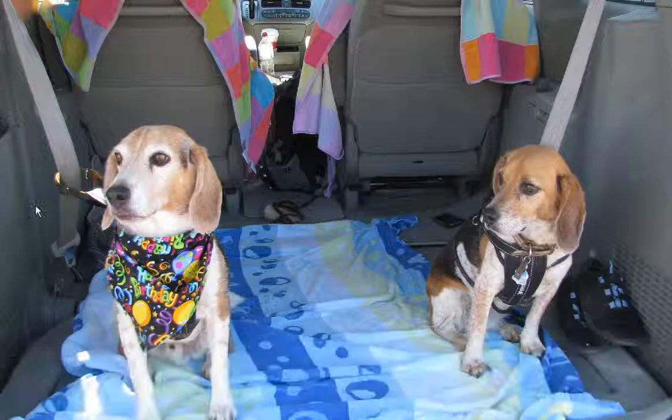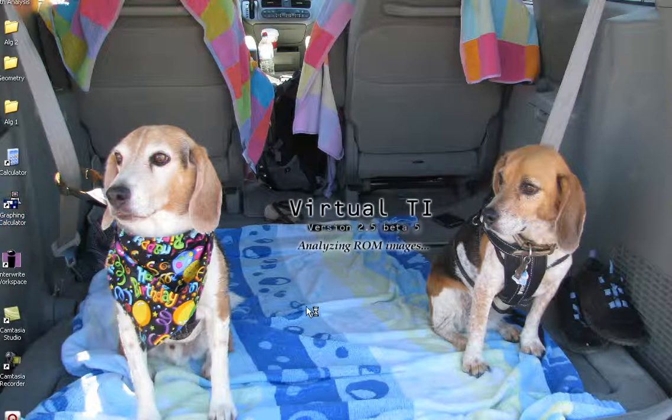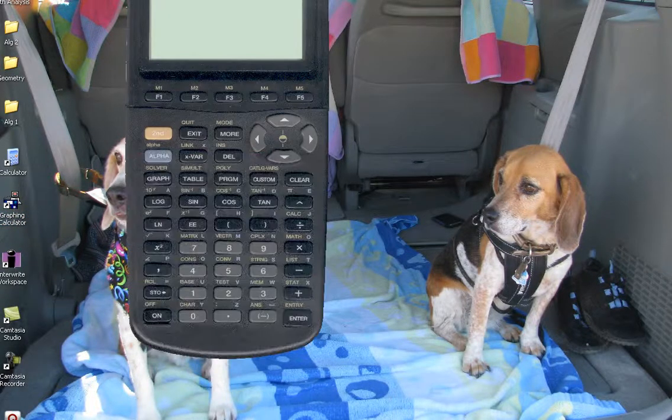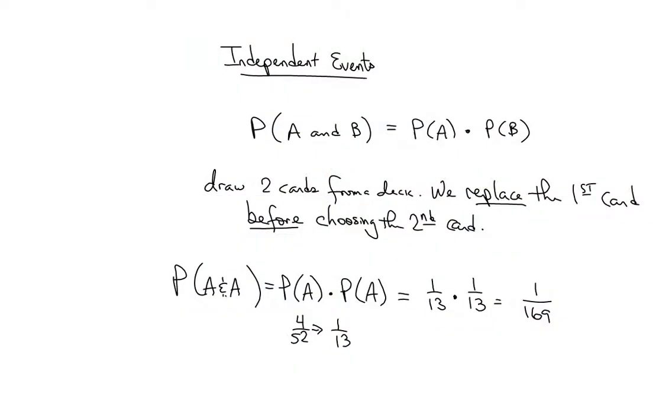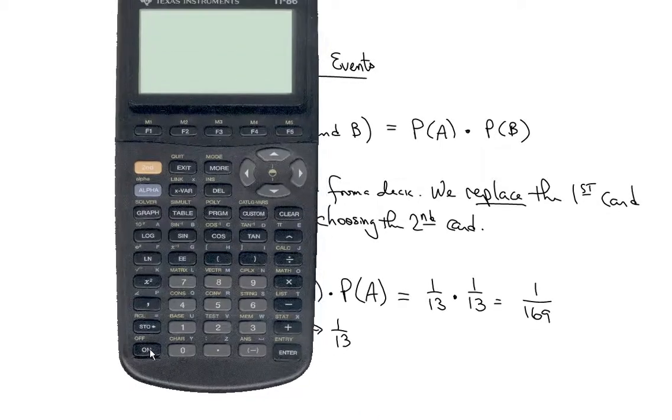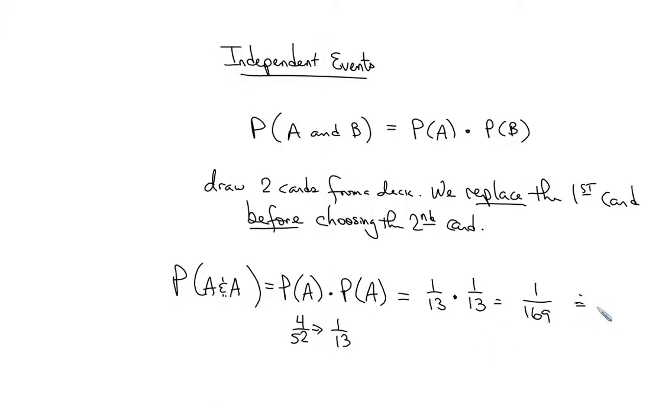So just to give you an idea of the chances of that, one divided by 169, it's about 0.0059, or about 0.6%. So just over 0.5% chance. Not very likely, right?